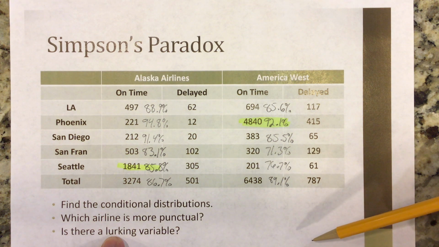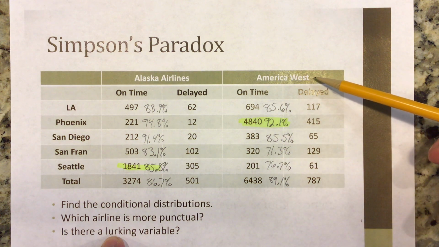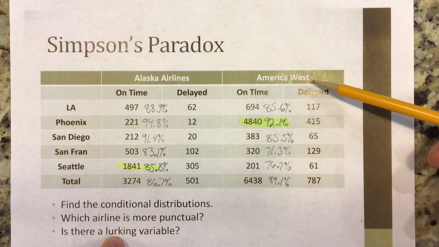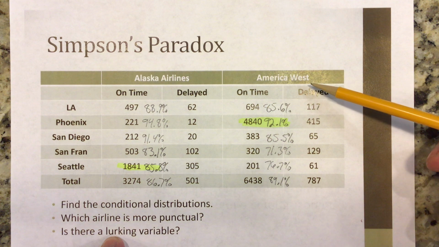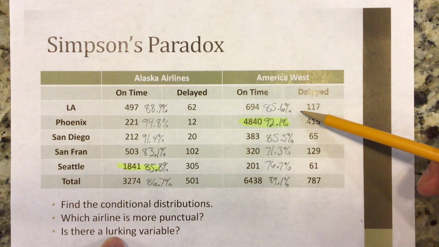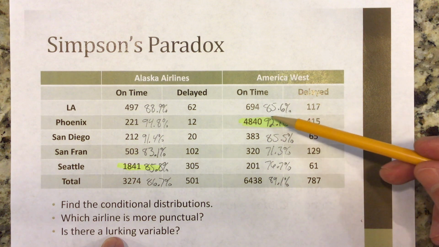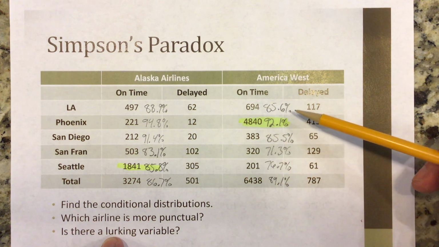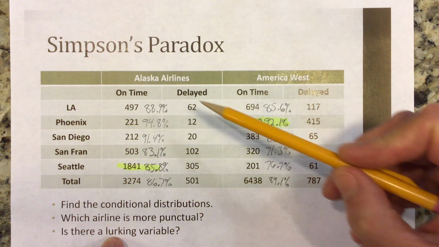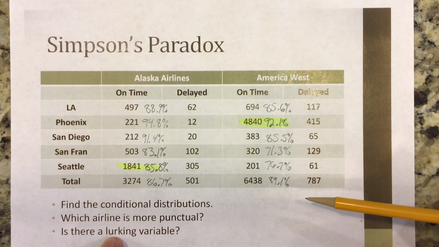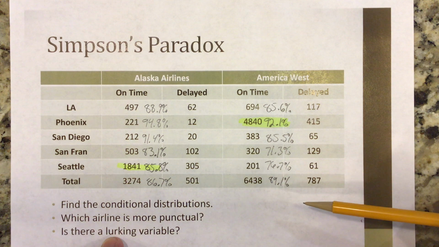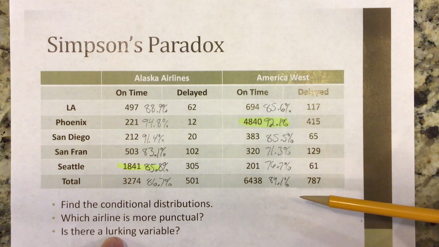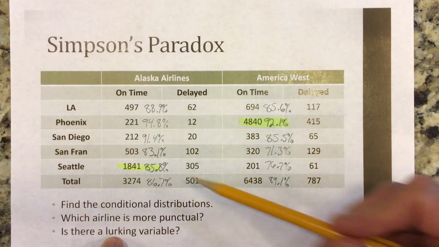Yeah, it's the weather. America West, they're flying a lot in the Southwest, or were. I don't know if they're still in business. But yeah, they flew a lot of flights in the Southwest. So the majority of their data is here. Phoenix, LA, high on time. Alaska Airlines, well, they're flying a lot of flights up there in the Northwest, flying to and from Alaska out of places like Seattle and San Fran.